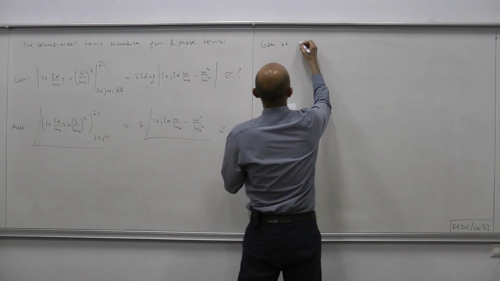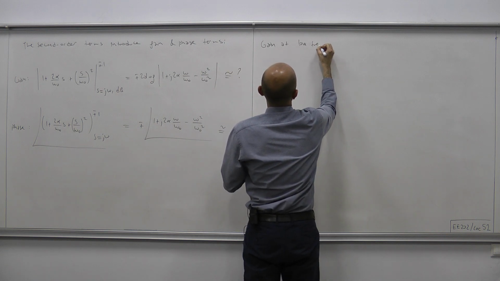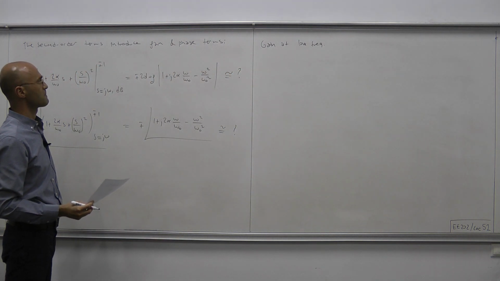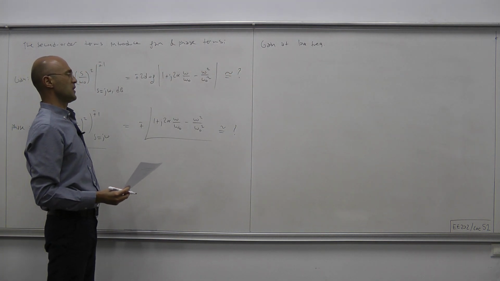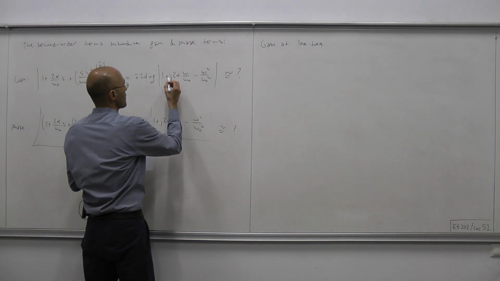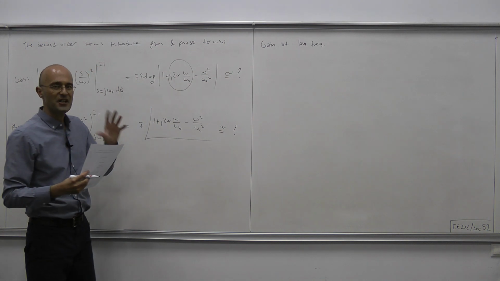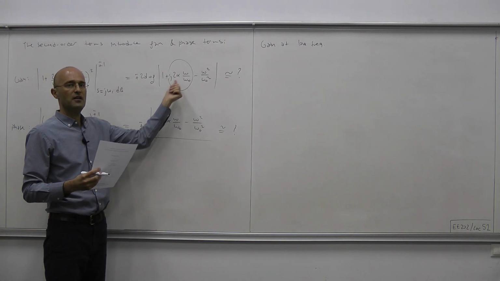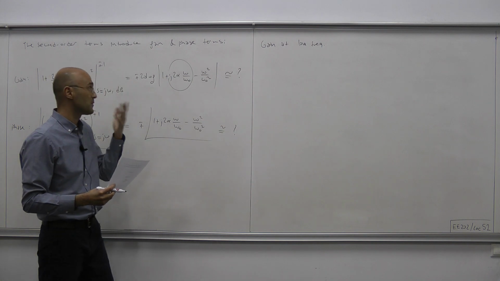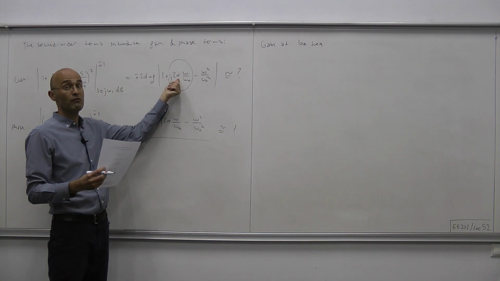Gain at low frequencies is approximated by the following expression. What we do is, in a sense, ignore this term in the middle, which may not be a very good idea at some frequencies, especially when alpha is small.